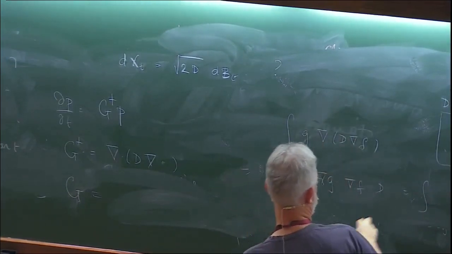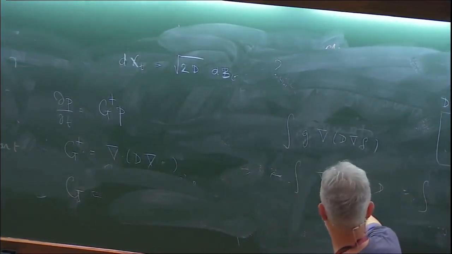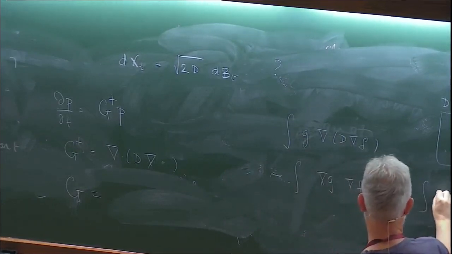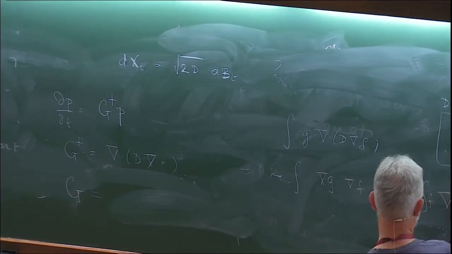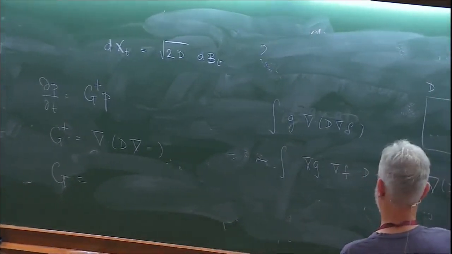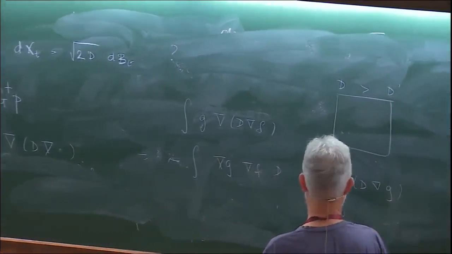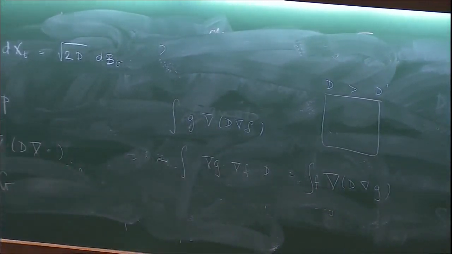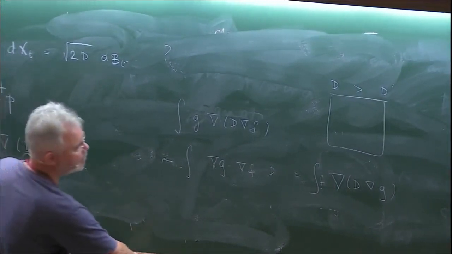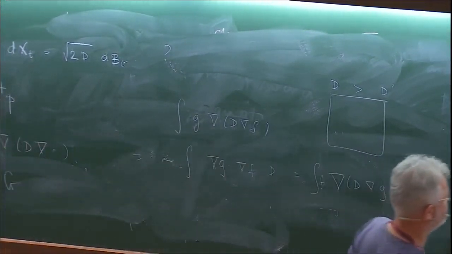When I do it a second time with the gradient here, the minus sign goes away because I get another minus sign, and I get f outside and I get D grad g. Okay? So it's actually self-adjoint. Not all the time are these operators self-adjoint.